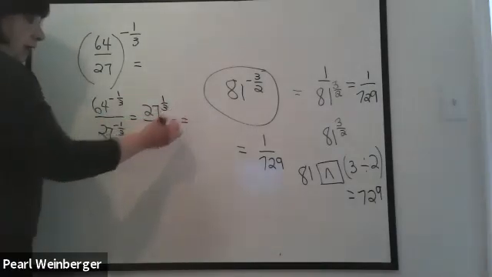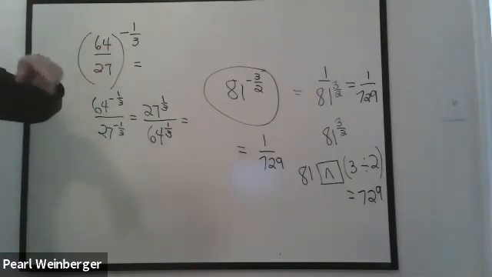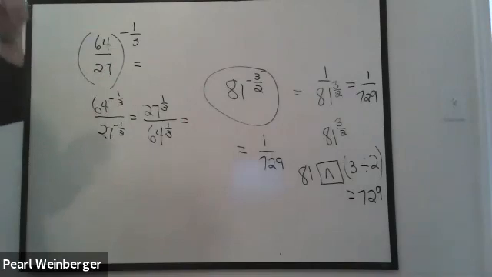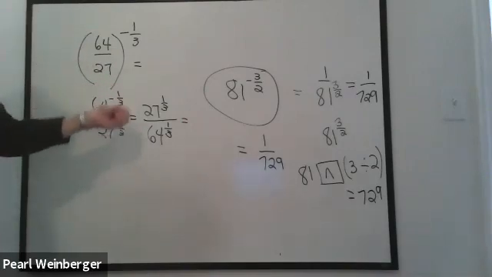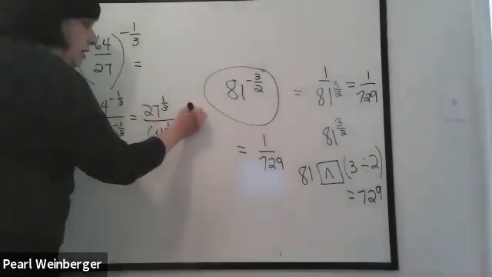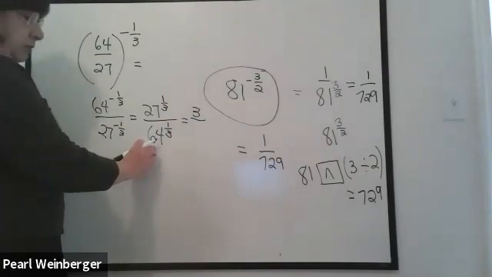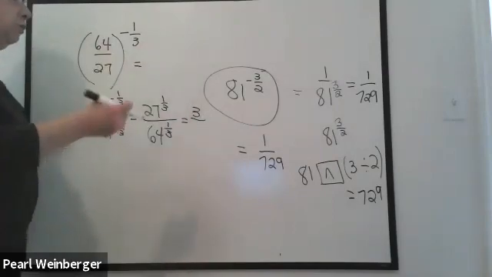Also, I now have to do the 1/3 exponent. Now, the 1/3 exponent means the third root, the cube root of 27. What number times itself 3 times will give me 27? Obviously, that answer is 3. And 64 to the 1/3 means the cube root of 64.